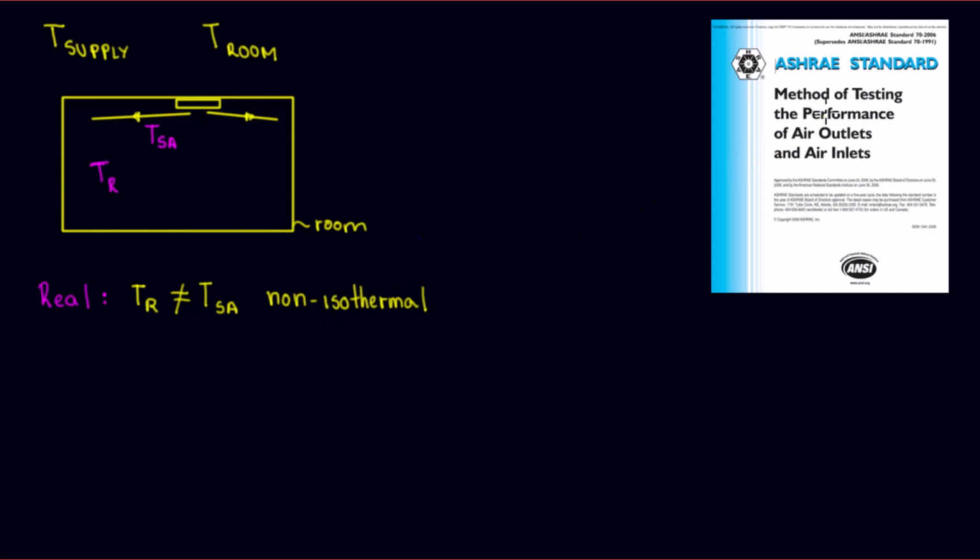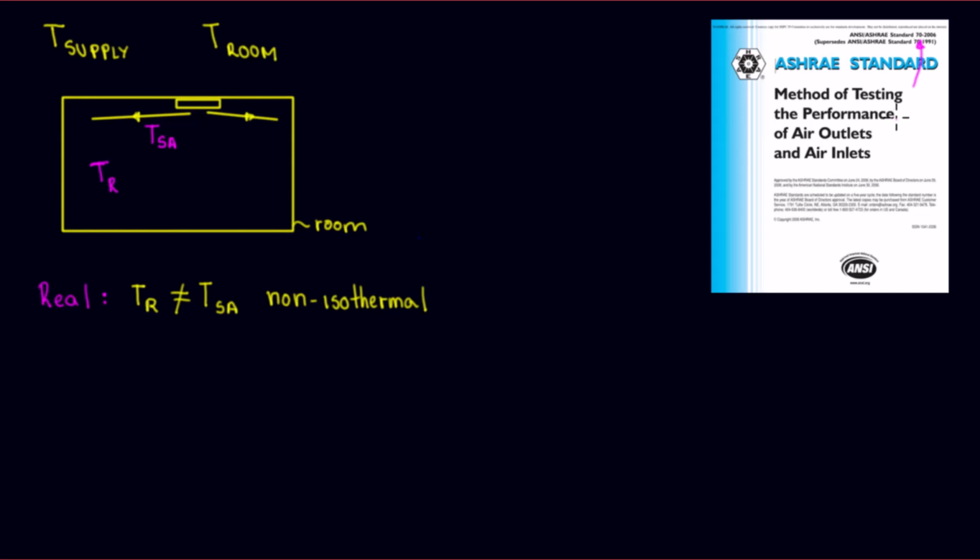And ASHRAE Standard 70, I'm going to put this in pink so it looks better. ASHRAE Standard 70 has testing procedures. ASHRAE 70 has two testing procedures for both: for non-isothermal and for isothermal.